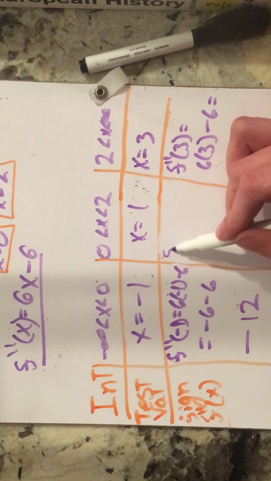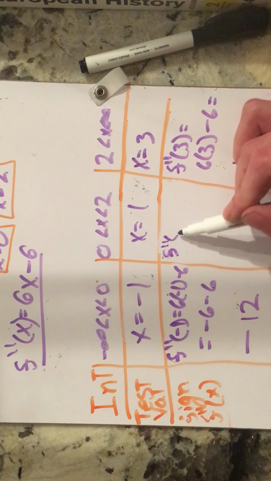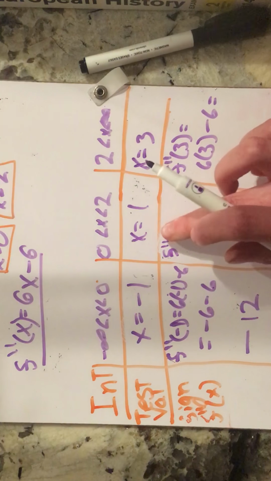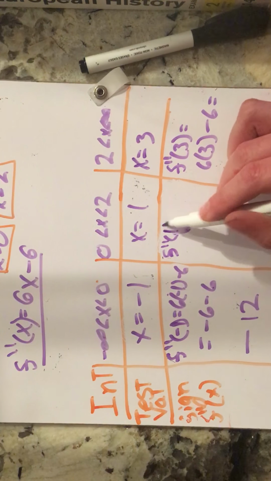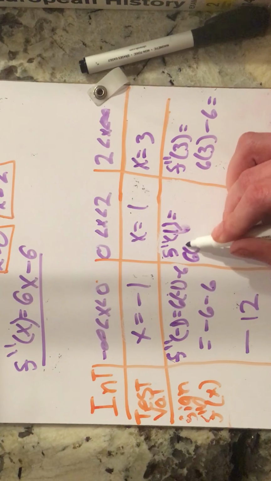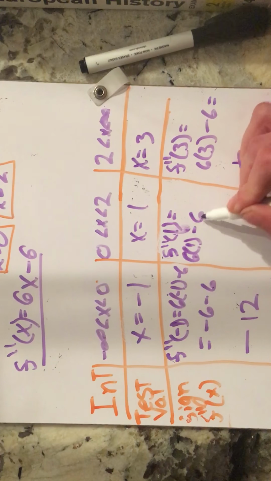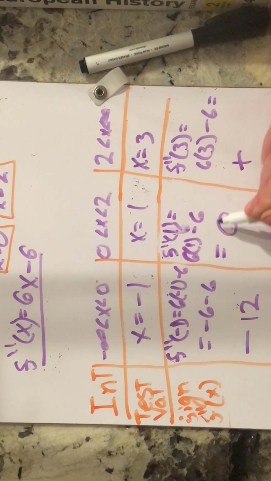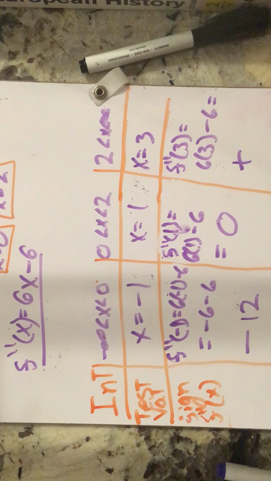So I'm just showing you that for right now. For this one, f double prime of 1. I don't know if any of you see the issue that's going to come up here, but 6 times 1 is 6 minus 6. This is 0. That seems like it might be an issue, but let's go through this.